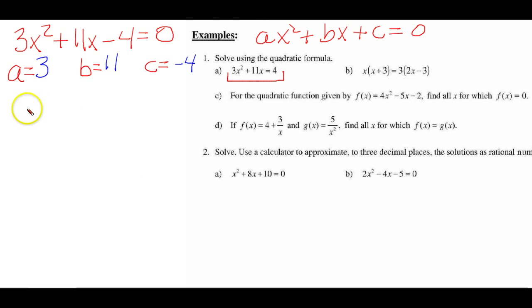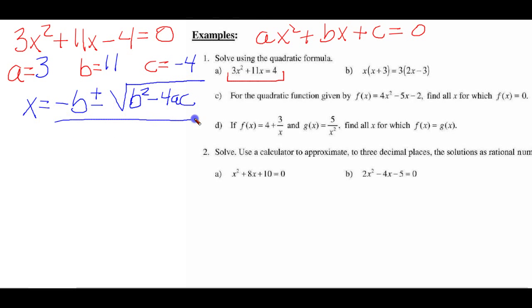Now we write the quadratic formula. X equals negative b plus or minus the square root of b squared minus 4ac all over 2a. Now what we need to do is to substitute for the letter A a 3, the letter B an 11, letter C a negative 4 into this formula.